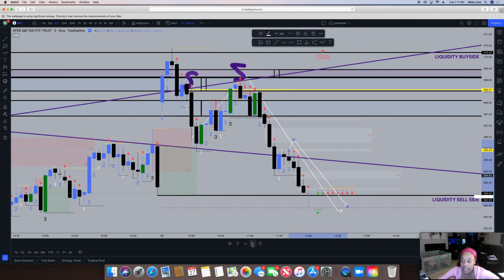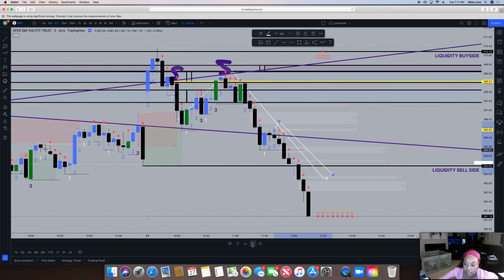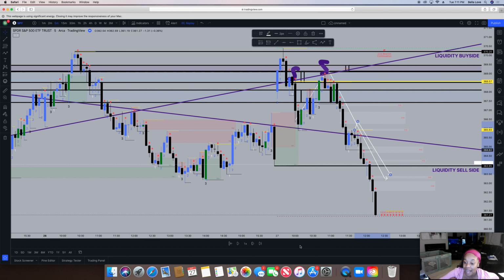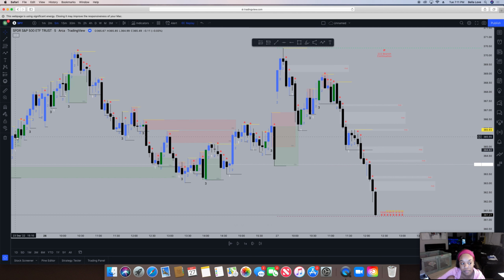So you guys can see here, sell side liquidity has been taken out, and it even took out more liquidity to the downside. So now that liquidity has been taken out so much, let me just clear my chart. Around here, I'll be looking for this fair value gap to get filled at 363.